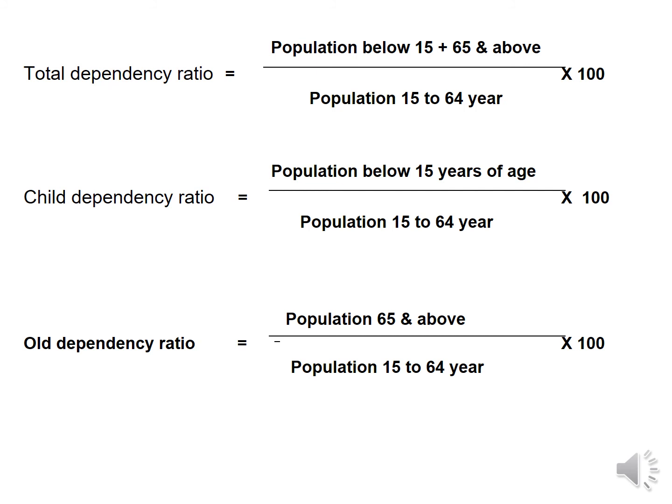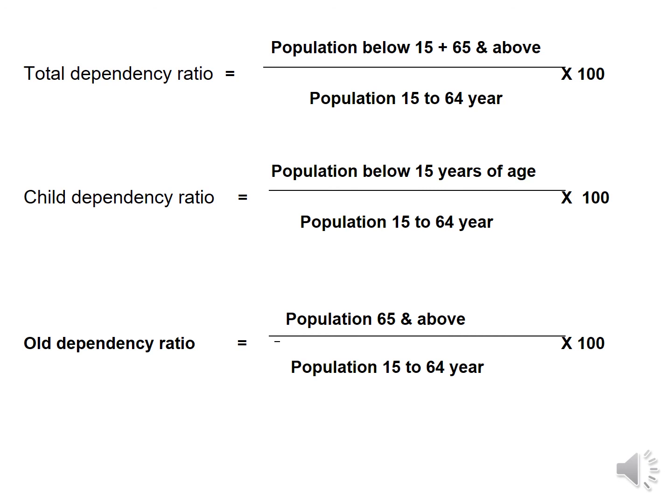The other is the child dependency ratio. The child dependency ratio may be calculated as population below 15 years of age divided by population of 15 to 65 years, multiplied by 100.